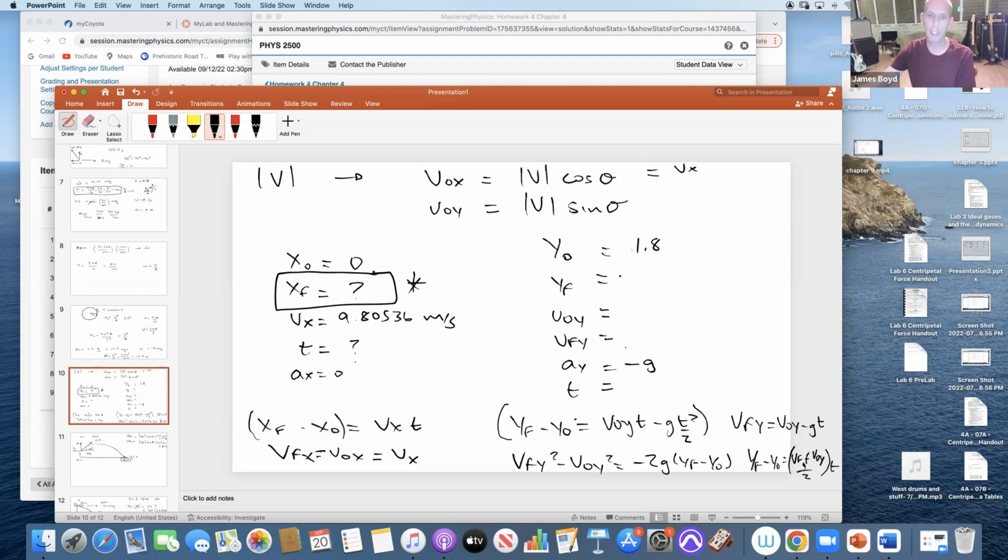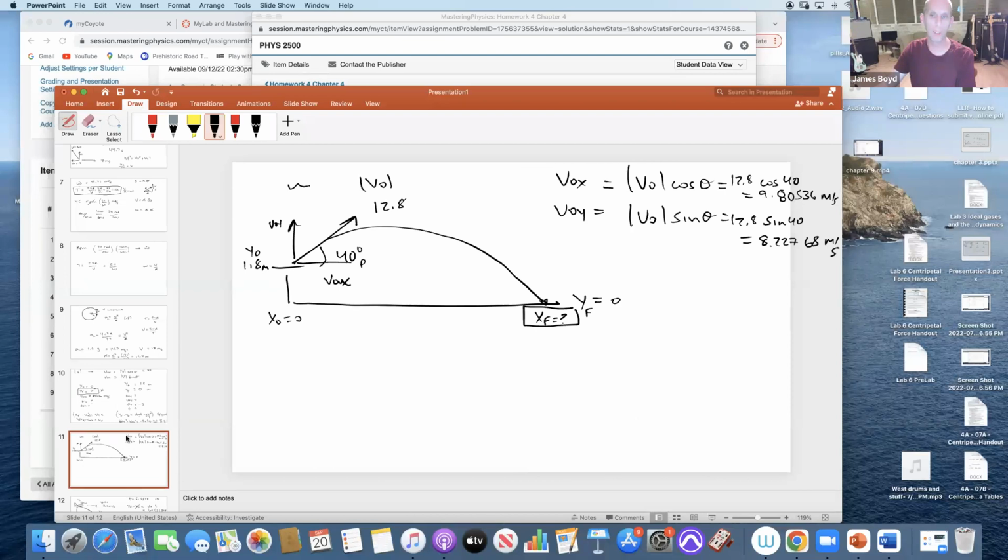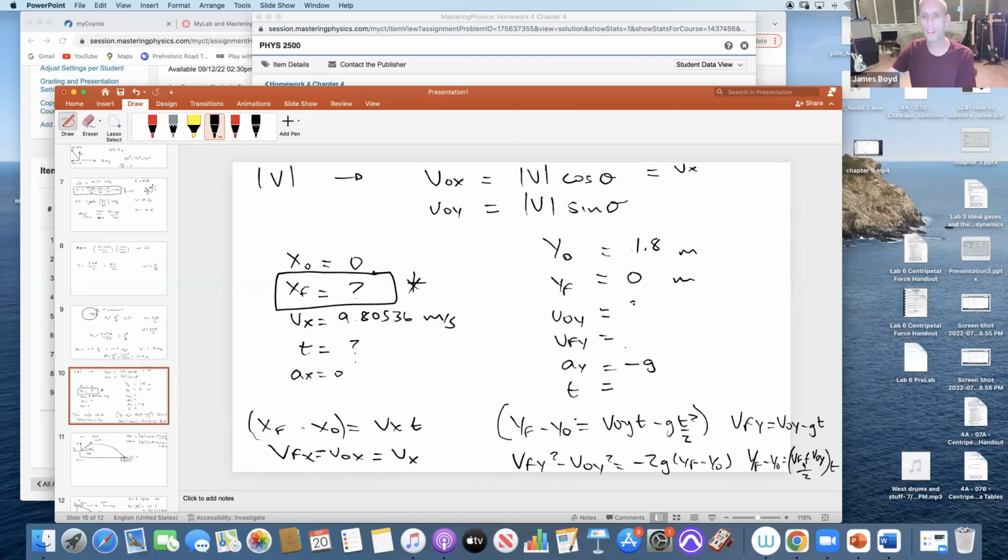Again, A of X is 0, Y final is 0, it hits the ground. V initial of Y is 8.22768. V final is unknown, and T is unknown. So we need to find T, and we don't know V final.